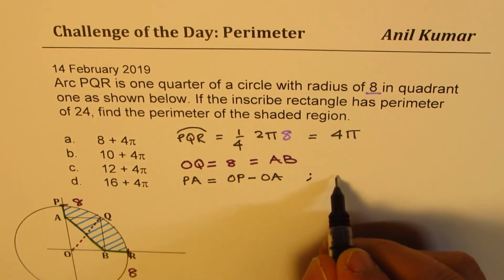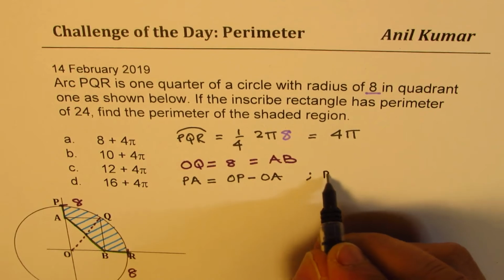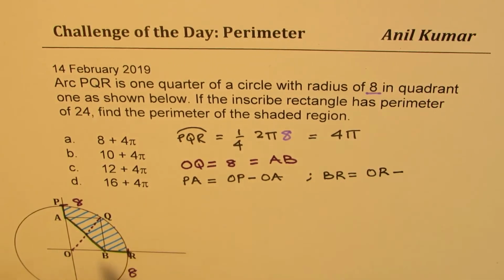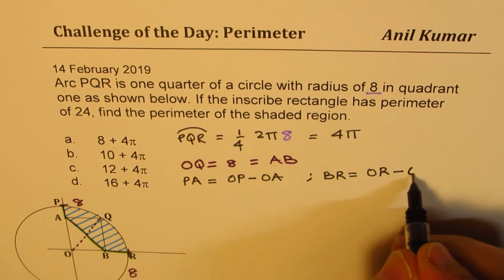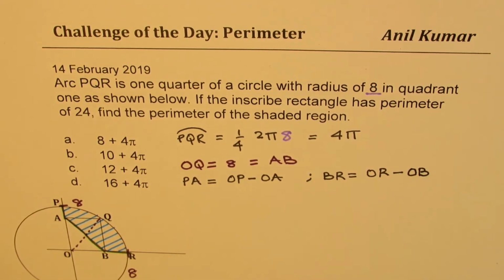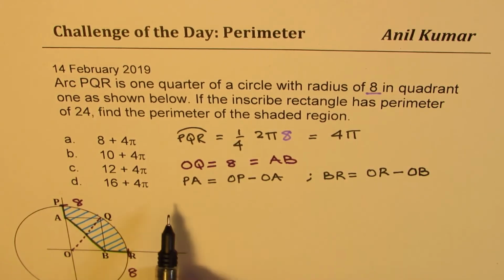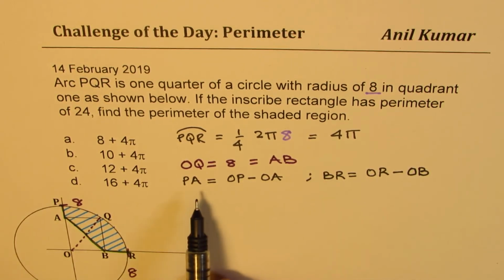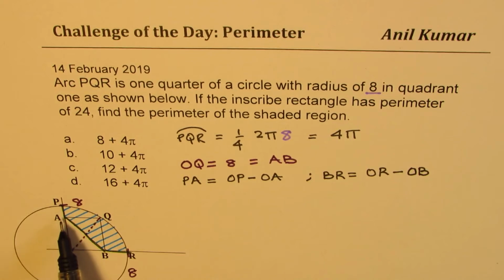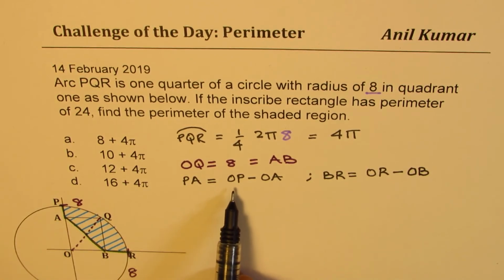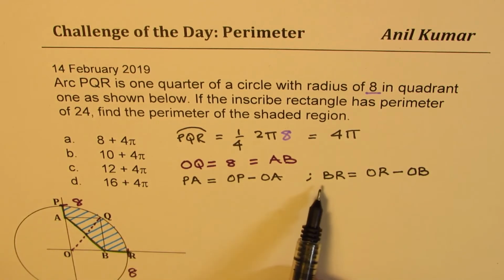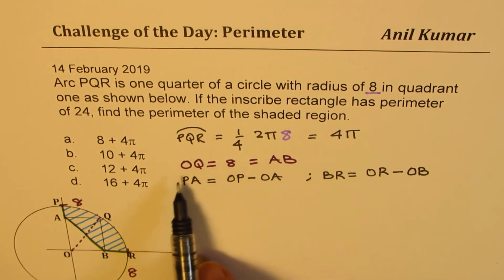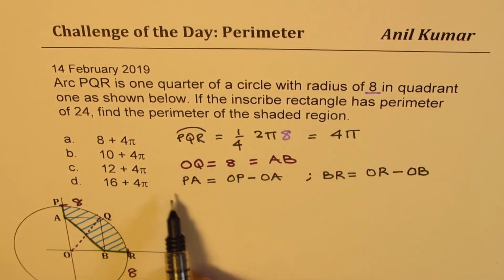And we also know that BR is equal to OR minus OB. Right? So that gives you a combination. Now I think you're getting the whole idea, right?